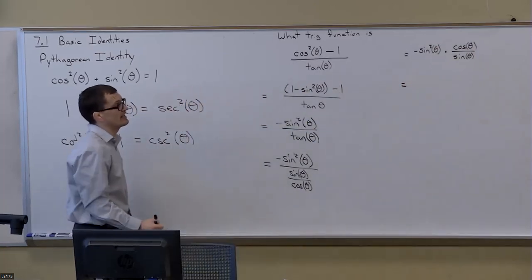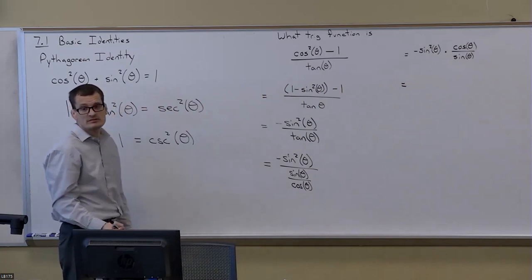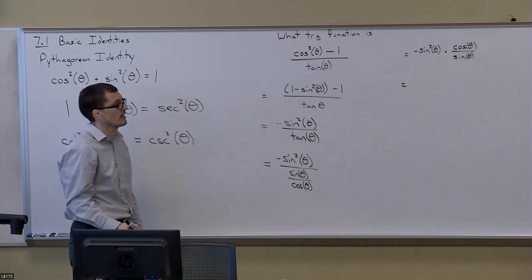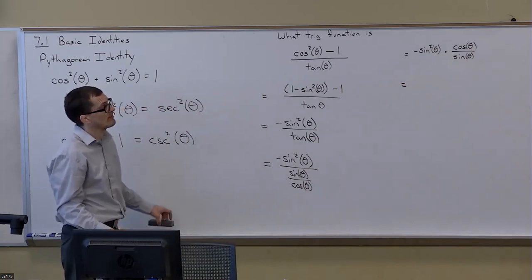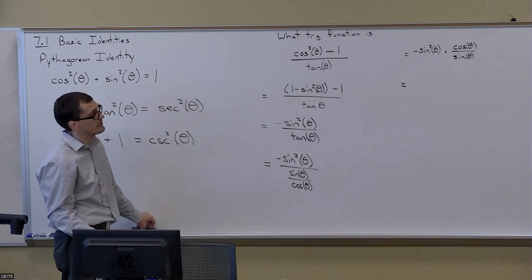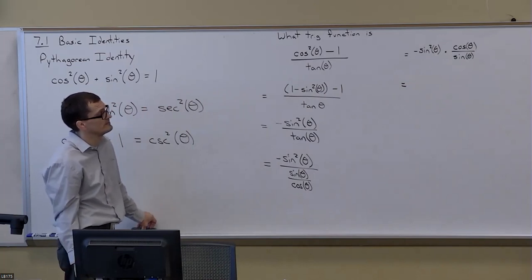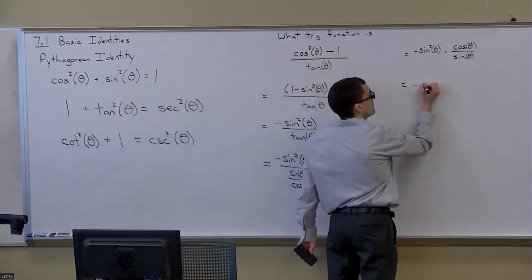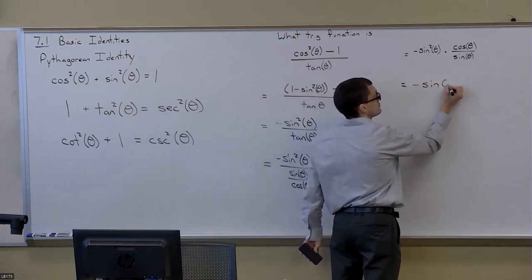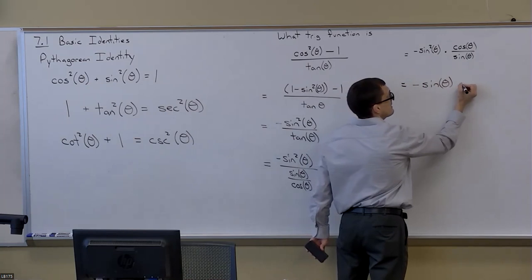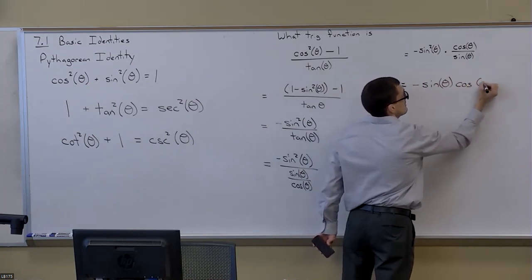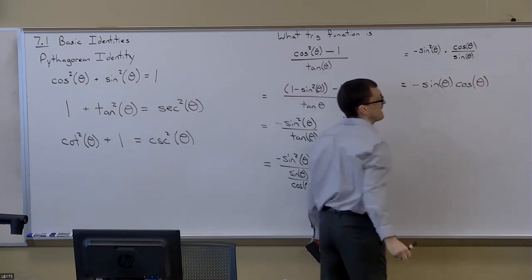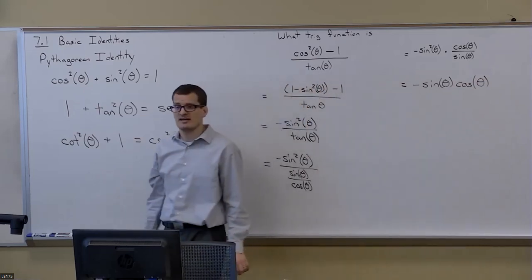Now, one of the sines is going to cancel out, the sine in the numerator with the sine in the denominator. And so I don't get a single trig function in this case, do I? The simplest thing this goes down to is negative sine times cosine.